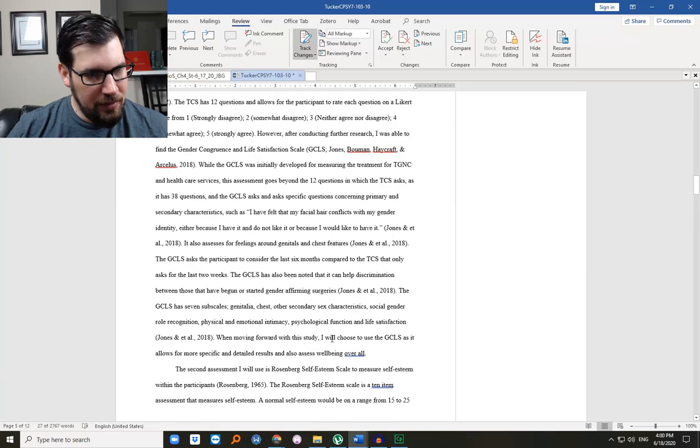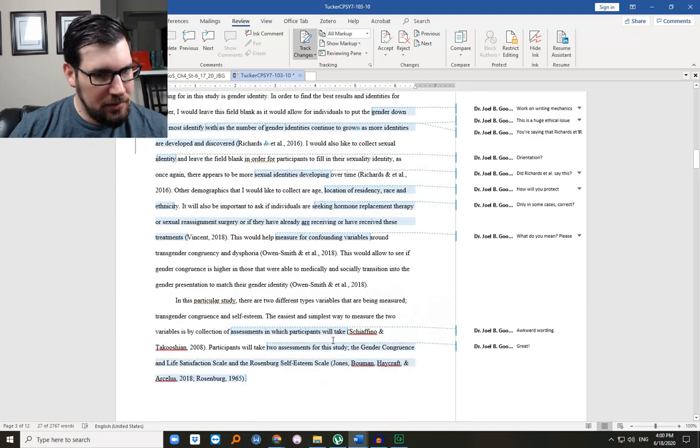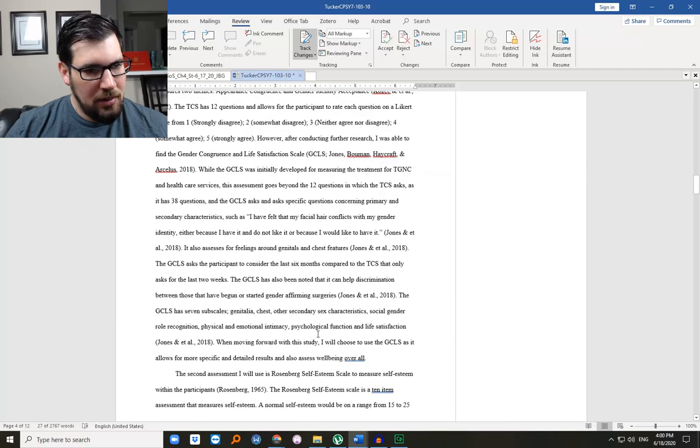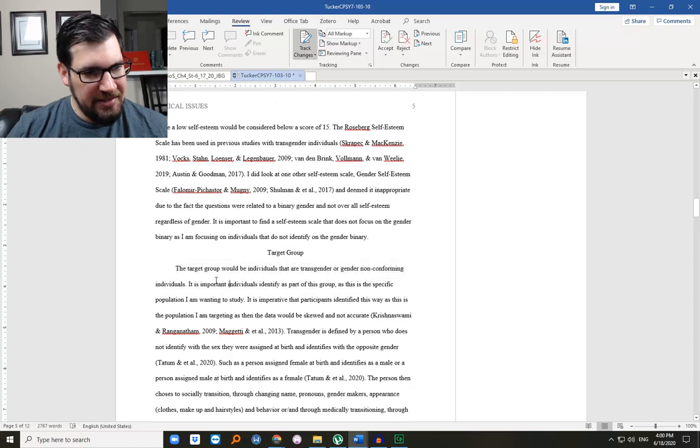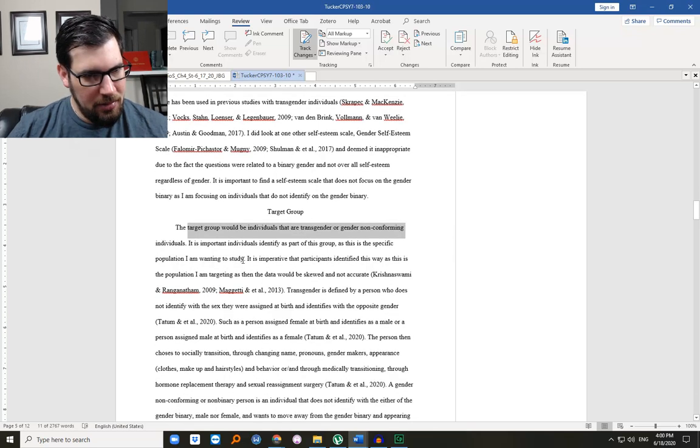Well, this is different because it would have been nice to know this information up ahead, because then it becomes clear why they talk about hormone therapy, etc. if their target group would be individuals that are gender non-conforming or trans. Right, okay, it is imperative that participants identify this way as this is the population I'm targeting, as then the data would be skewed and not accurate.